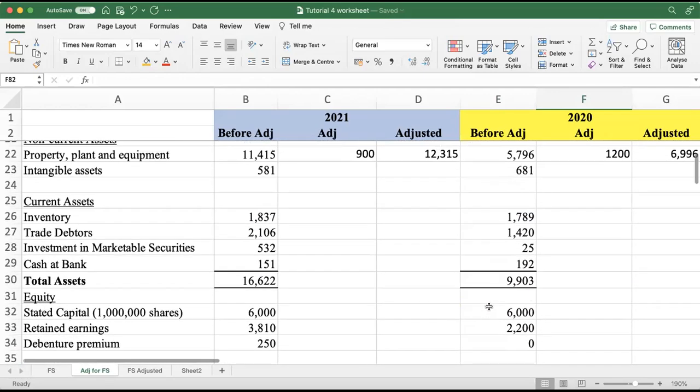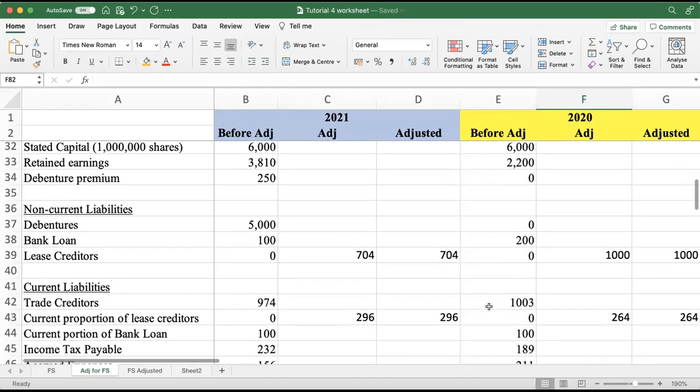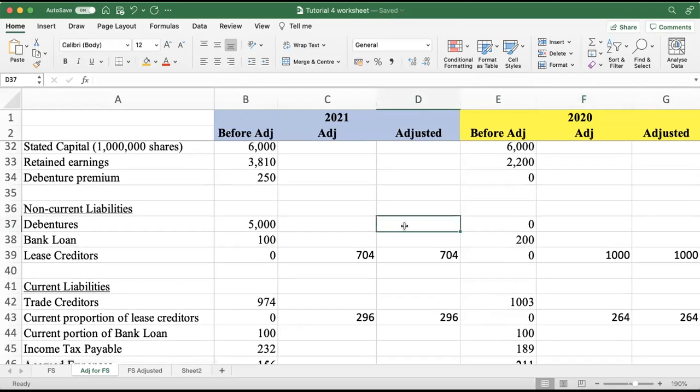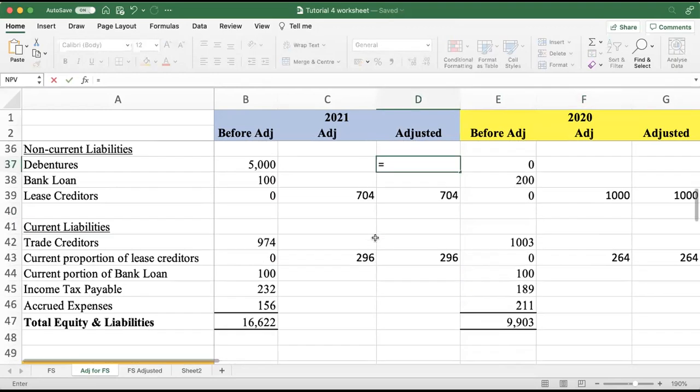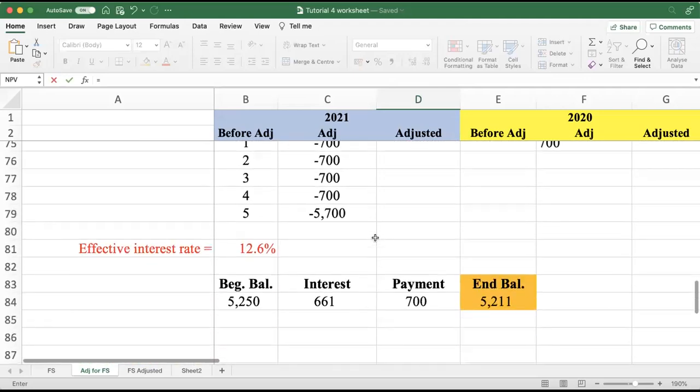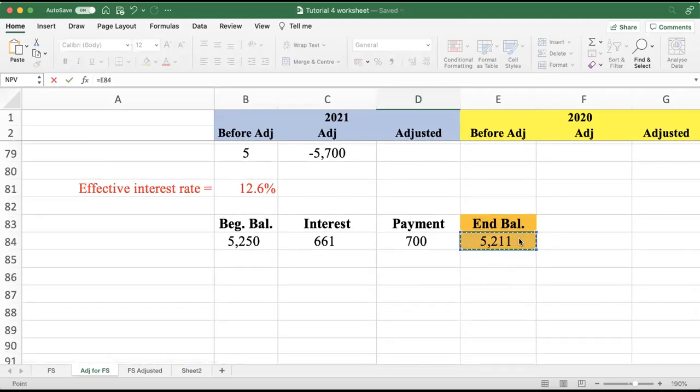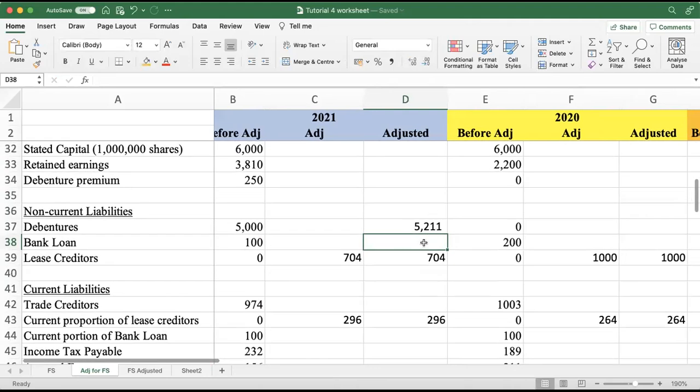So at the end of 2021, debenture liability should be 5,211. So adjusted value, debenture liability 5,211.